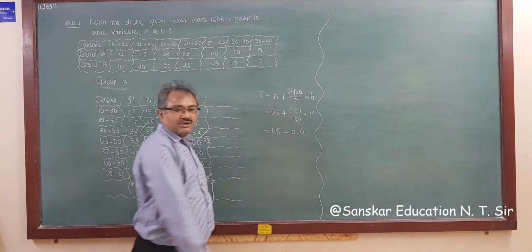So X bar is 44.6. Now we have to find the variance and CV.